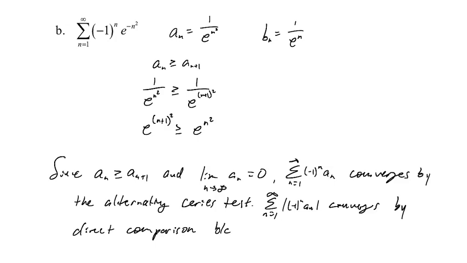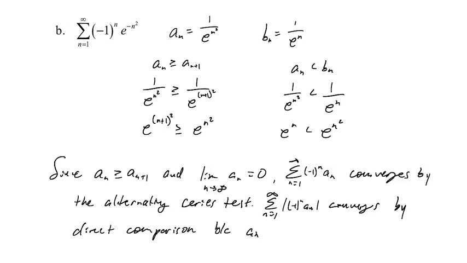because, let's see, a sub n, I want this to be less than b sub n. So 1 over e to the n squared is less than 1 over e to the n, which means e to the n is less than e to the n squared, which has got to be true.